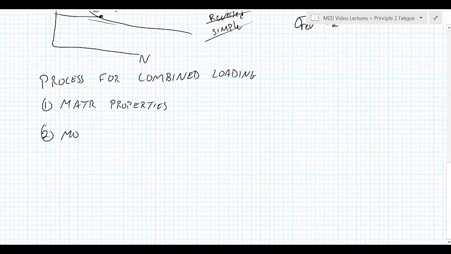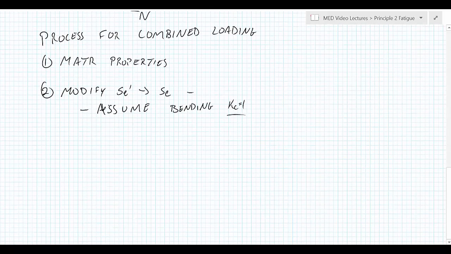Then we can modify the hypothetical endurance strength to an actual endurance strength using the Marin factors. And here is where we need to assume we are in bending. So Kc equals 1. And we fix that assumption in the von Mises form.